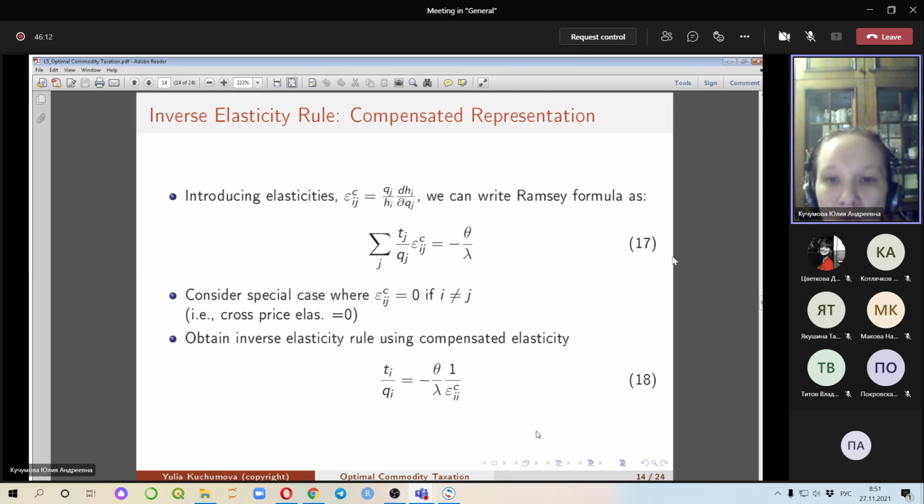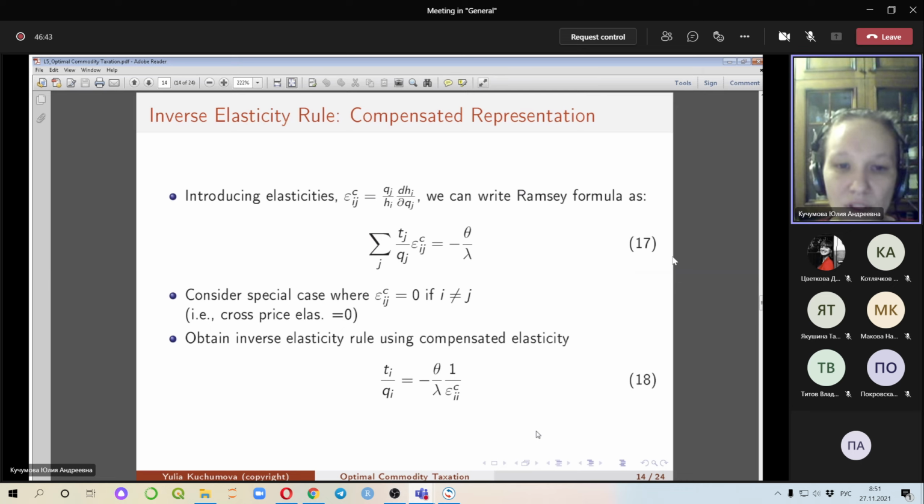Then we can write the Ramsey formula as the sum over all g of Tg divided by Qg, multiplied by the compensated elasticity epsilon Ig, and this is equal to minus theta divided by lambda.